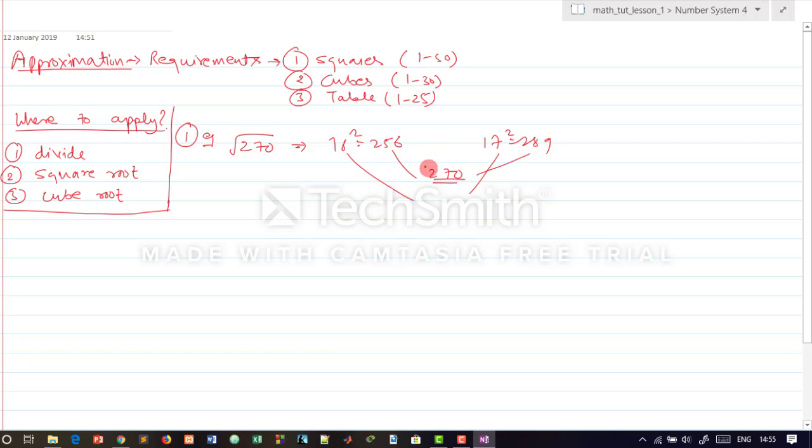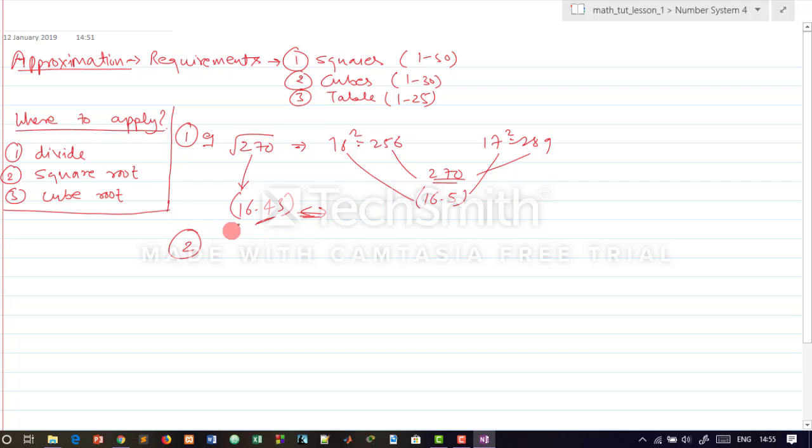It is almost equidistant from 256 and 289, so the square root is approximately 16.5. And surprisingly, the answer from the calculator is 16.43. So it produces a good result without using the calculator.